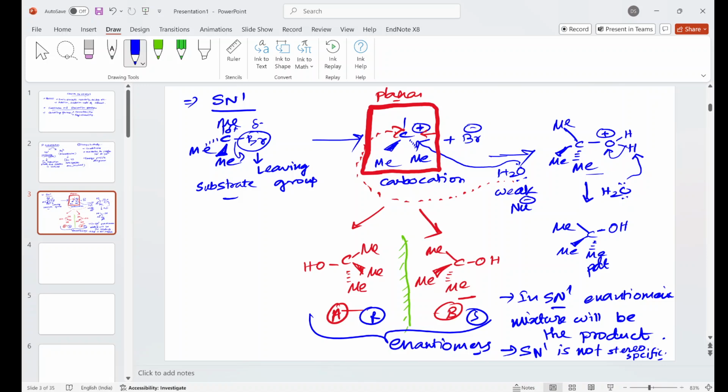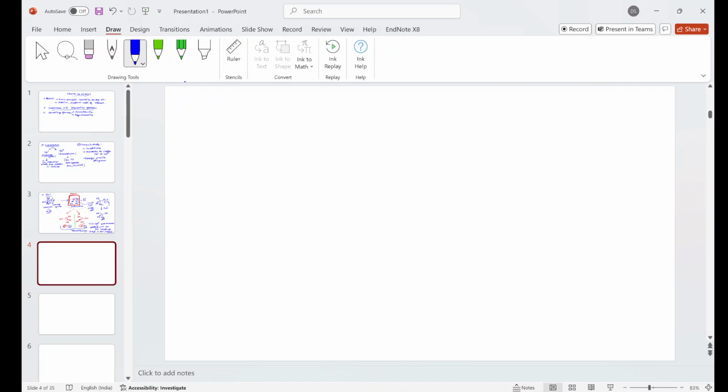It will not give you one particular enantiomer. Suppose you have R or S, anything, you are going to get both the enantiomers in the end. And now let us go to the energy profile.